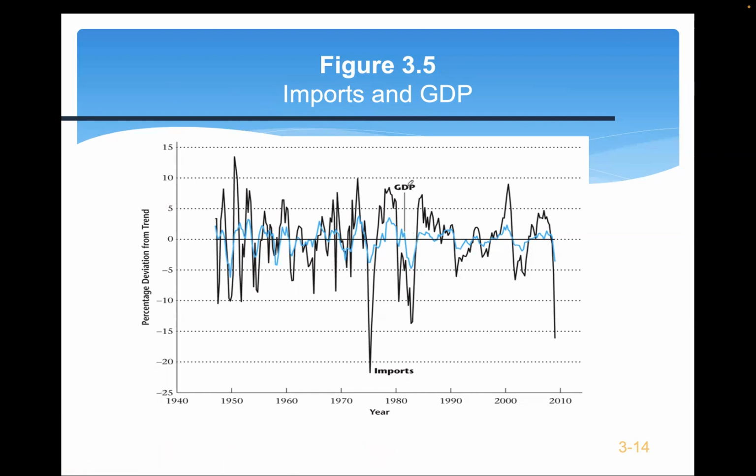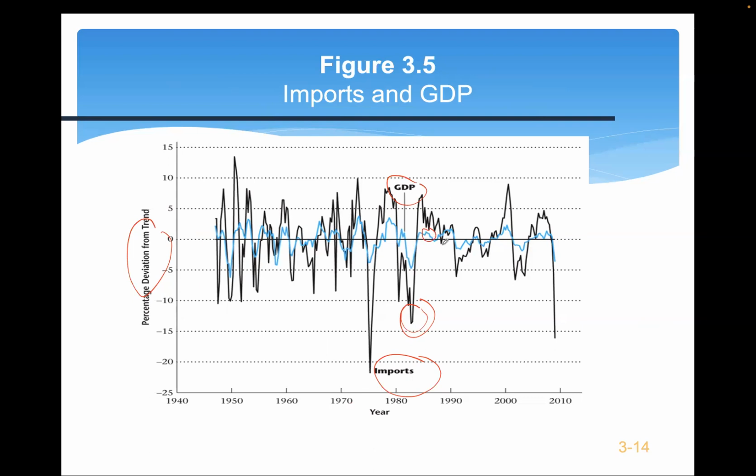The blue line is GDP, as a percentage deviation from trend, right? And then this solid black line is import. What do we notice here? Clearly, these two are moving in the same direction. When GDP falls, import falls, right? When GDP rises, import rises.